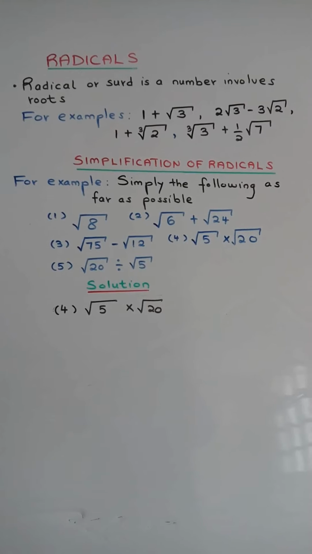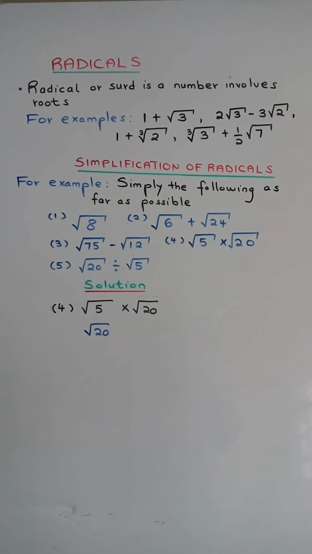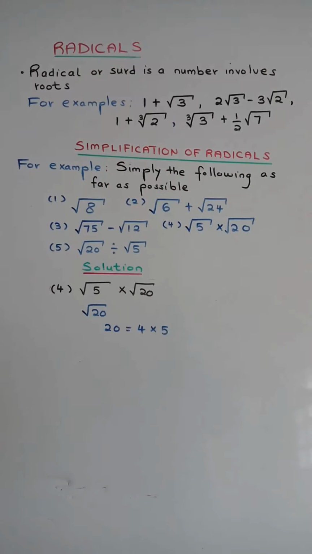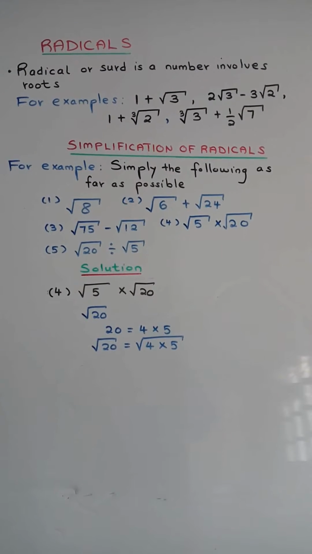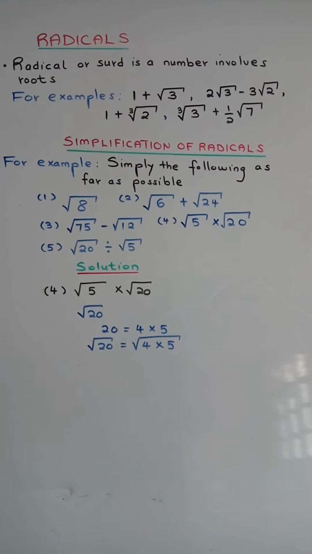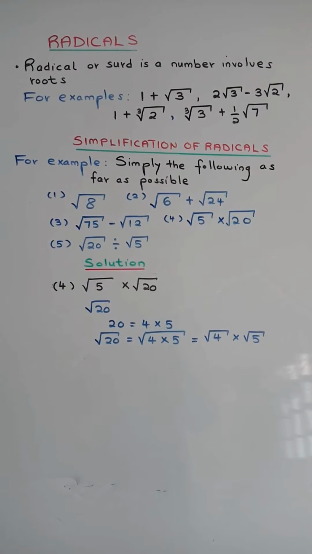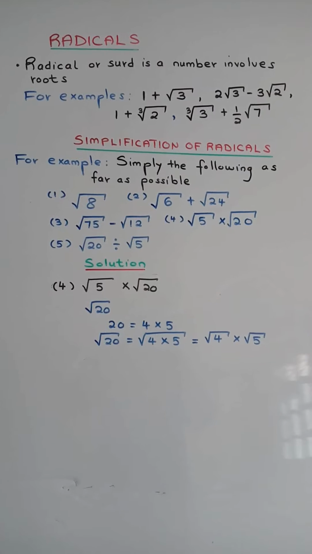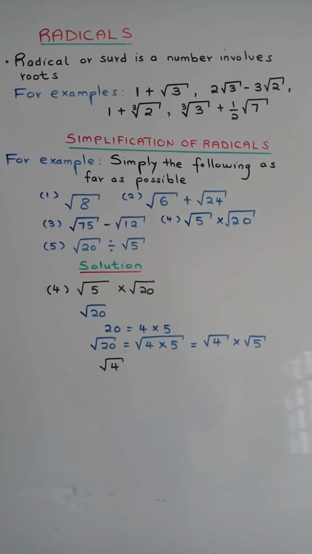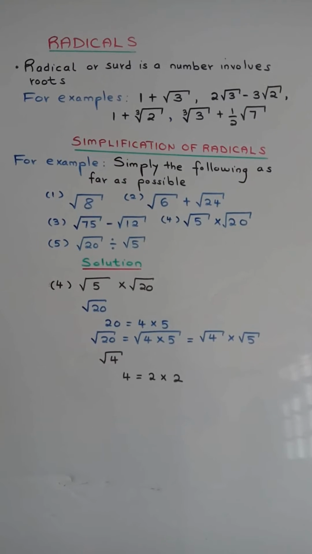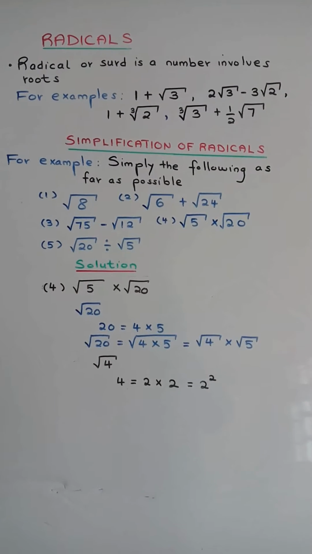Number 4, radical 5 times radical 20. Consider radical 20. 20 is equal to 4 times 5. Radical 20 is equal to radical 4 times 5, which is equal to radical 4 times radical 5. Consider radical 4. 4 is equal to 2 times 2, which is equal to 2 squared.